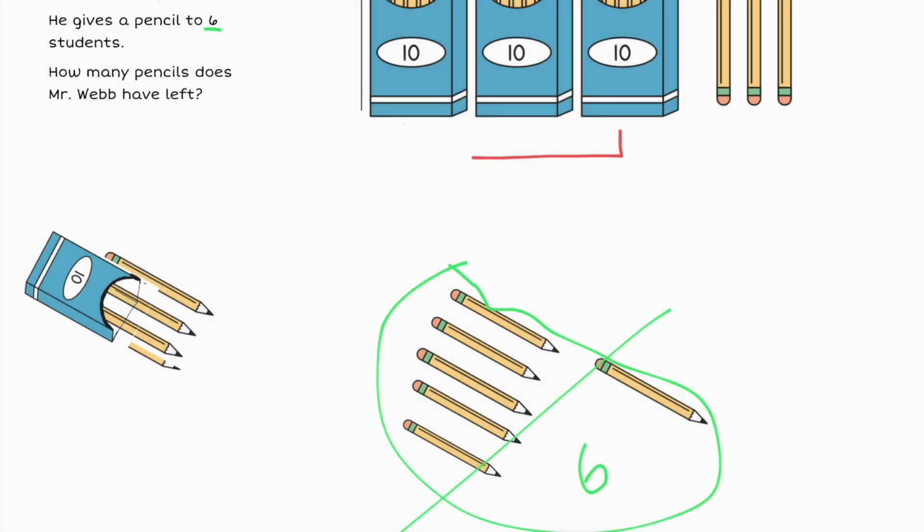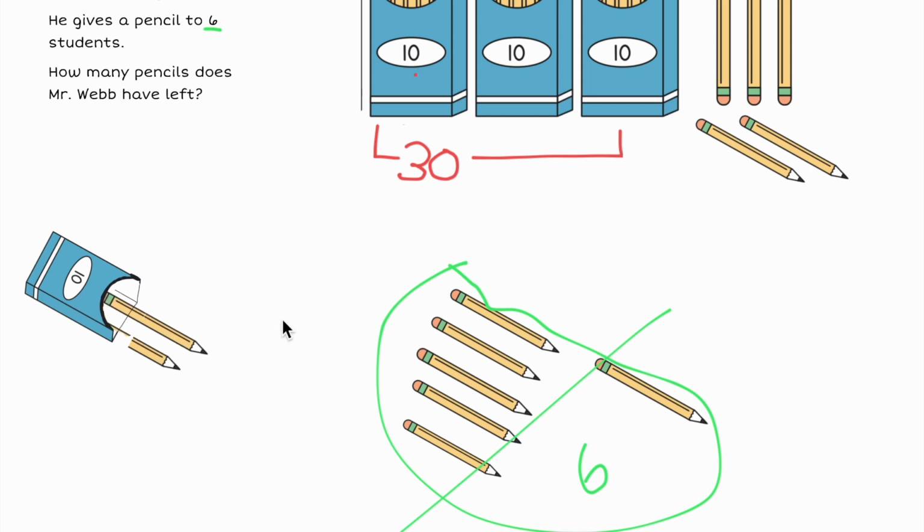All right, so now I have 10, 20, 30. This is 30 pencils. All right, so let's see, I have 3, but then there's some over here, so I have to put these back in.